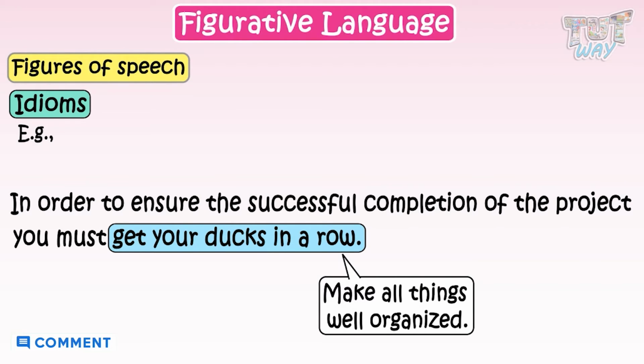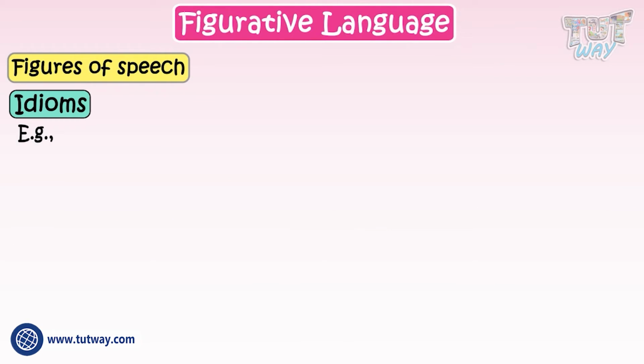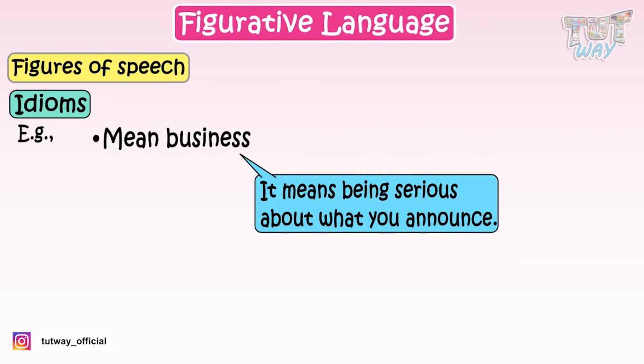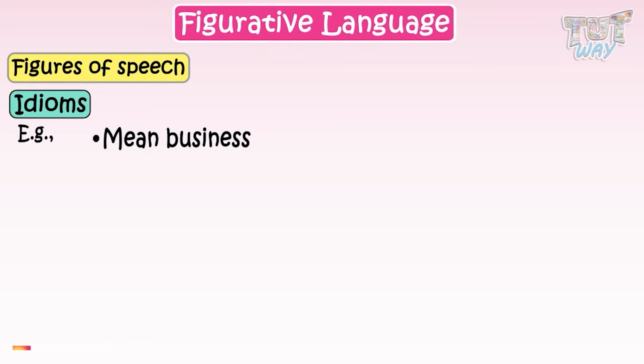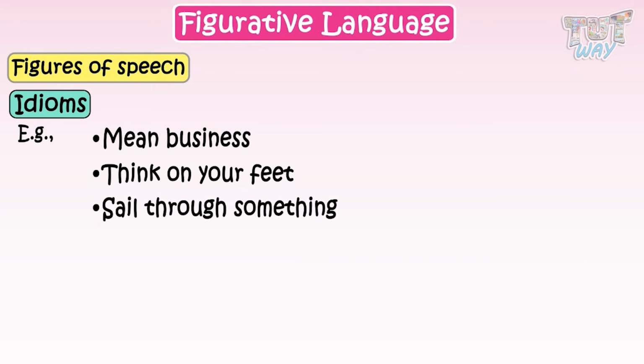There are just a whole lot of idioms in the English language. For example, mean business. It means be serious about what you announce. Think on your feet. It means adjusting quickly to changes and making fast decisions. Sail through something.